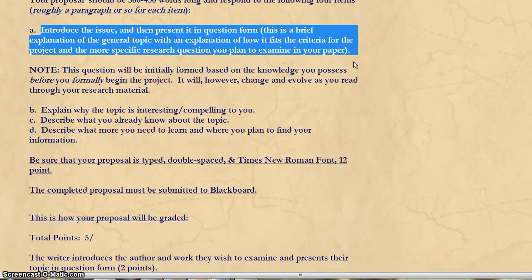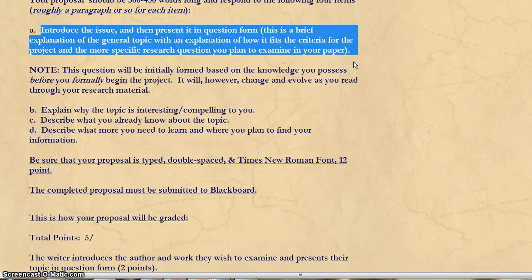And what I mean by introduce the issue is give us some background info, like explain what makes this a social justice issue, where is the inequity or the inequality with this particular question that you're asking. You know, is there oppression involved? Is there exploitation involved? If so, in what ways and which individuals or individual groups are involved?